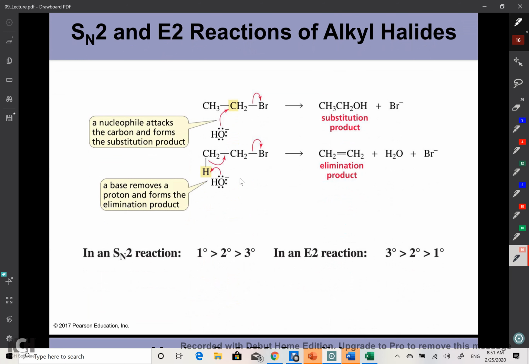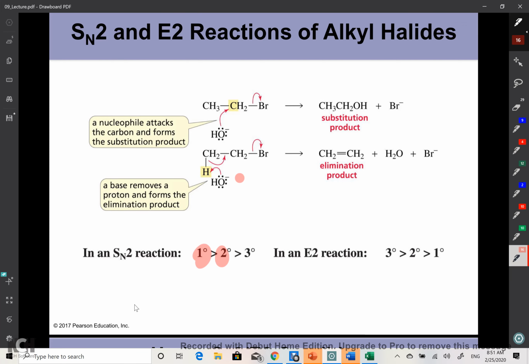Competition between SN2 and E2 reactions, okay, of the alkyl halide. Remember we talked about it. Now, in an SN2 reaction, we said the primary and the secondary alkyl halide will prefer to go through an SN2 reaction.